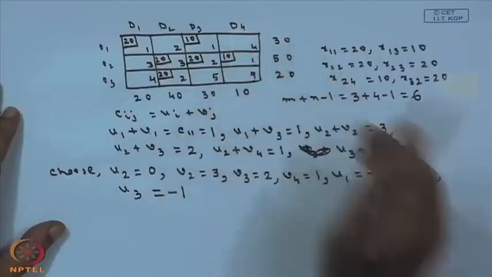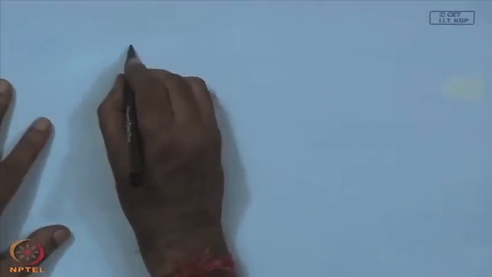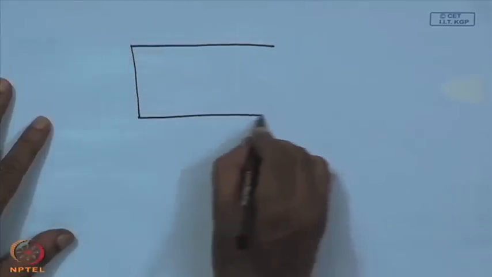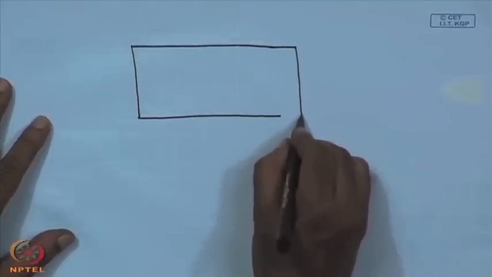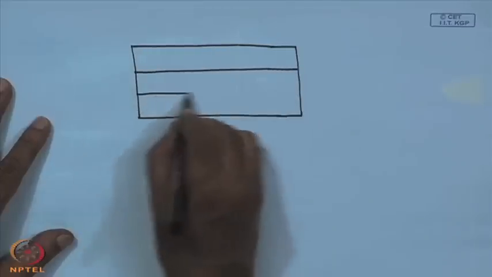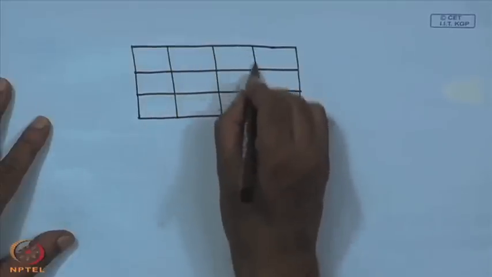and also write down the corresponding ui plus vj. So, let me write down this table once more. Let me rewrite it. I am having 3 rows and 4 columns. So, 1, 2, 3 and 4.